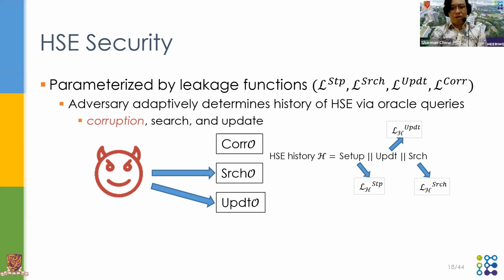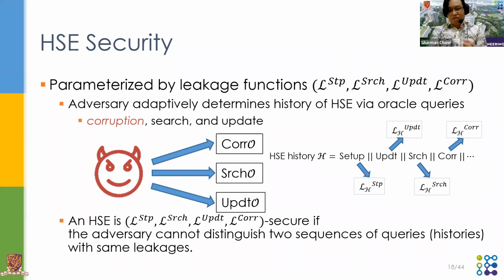We just keep appending to the history, and eventually we have this corruption oracle query, and we do the same thing. That is just an example. Of course, in the actual definition, you can query all of this in an adaptive manner, and the history is updated accordingly. So in a nutshell, that is just one additional oracle and one additional implication on the history.